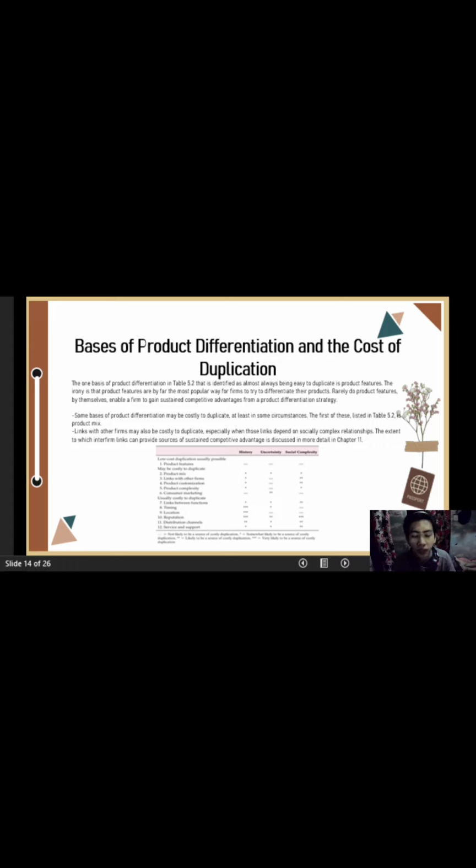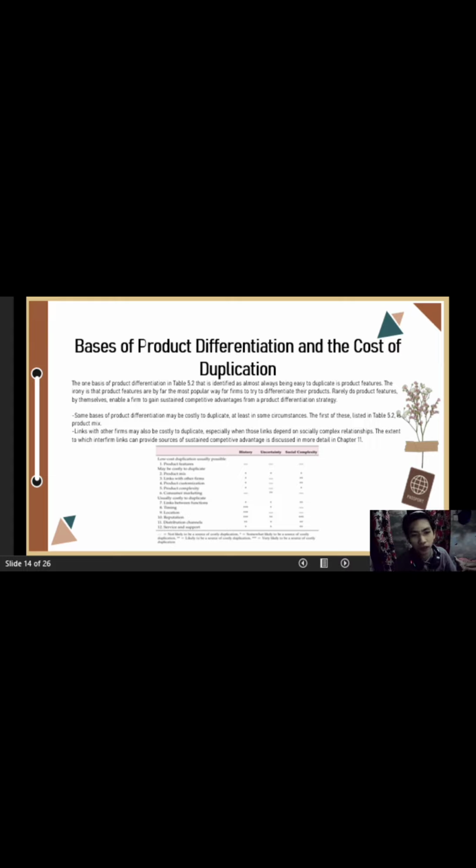By far the most common technique for companies to differentiate their products is through product features. Product features rarely, if ever, enable a company to acquire sustainable competitive advantages.